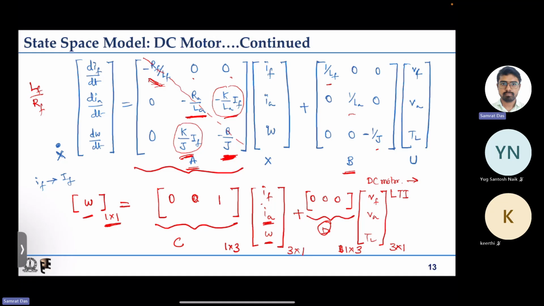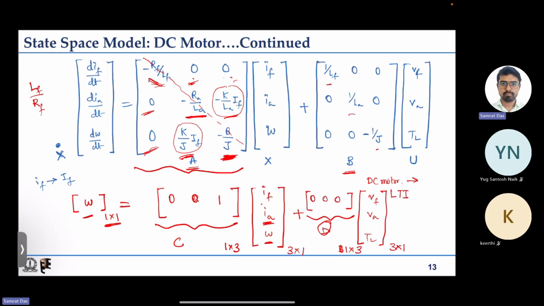That comes as cross coupling, the non diagonal elements that are non zero, while the others are 0. So there is no cross coupling between, for example, if and ia. There is no direct relation between the two.